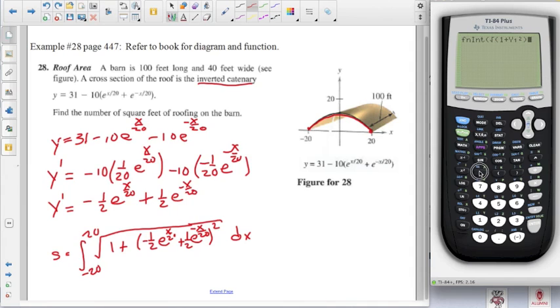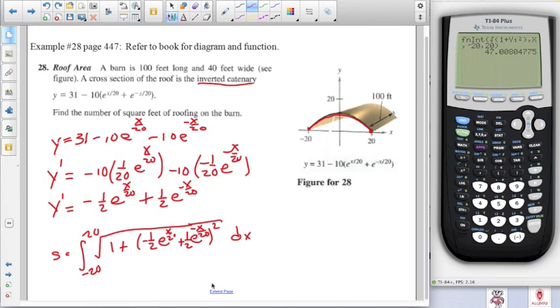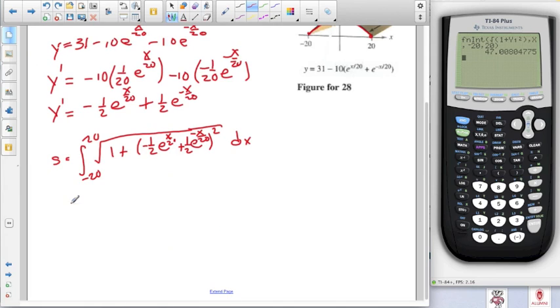Variable of integration is x, and we're going from minus 20 to 20. And so that arc length is 47.008 feet, the units here in this problem. We have units of feet.